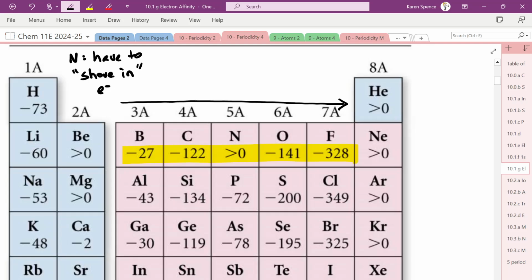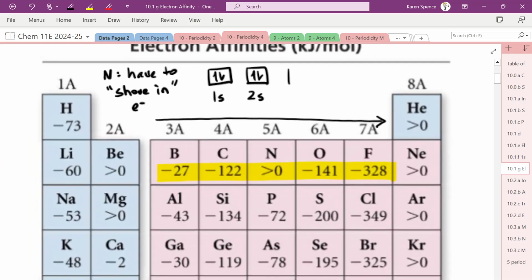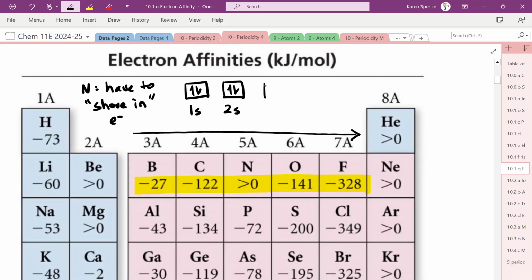Nitrogen's electron configuration, 1s2, 2s2, 2p what? 1, 2, 3.